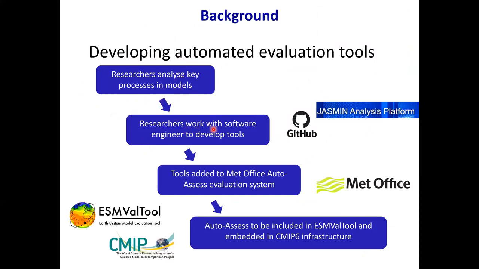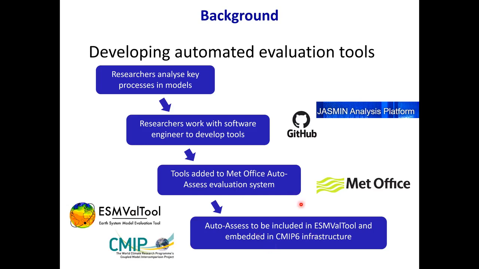Specifically, these tools will be added to the Met Office Auto Assess Evaluation System, and then on the broader scale, these too will be included in the Earth System Model Evaluation Tool, and that is embedded in the CMIP6 infrastructure. So that was the main structure of the work.